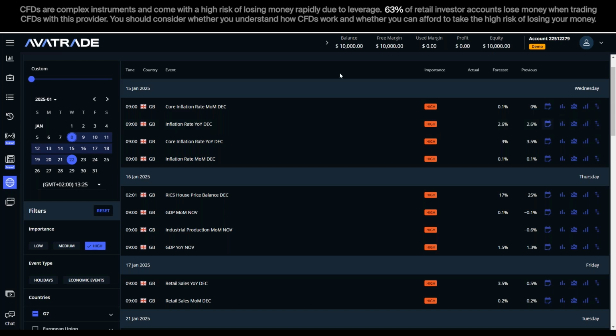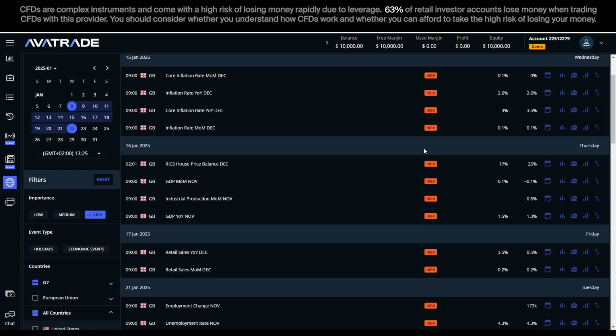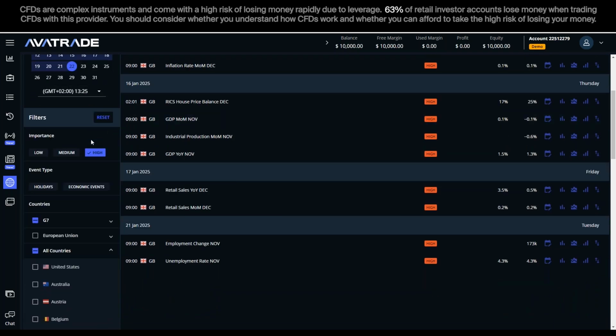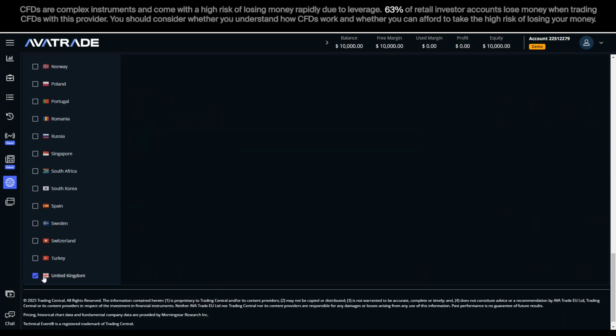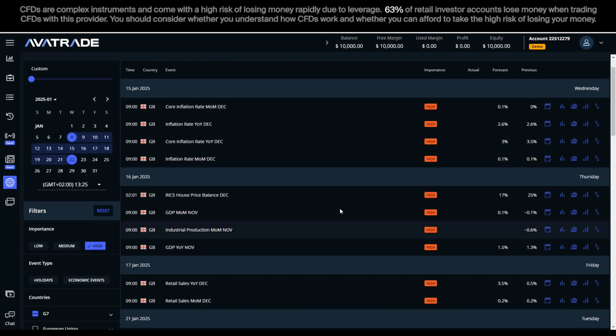Okay, so let's quickly recap everything that happened here. In the beginning, it showed us everything. If I click here on reset, it will bring me back to the default settings. So what we did is we clicked here on UK to filter UK. We clicked here on high to have only high impact events.